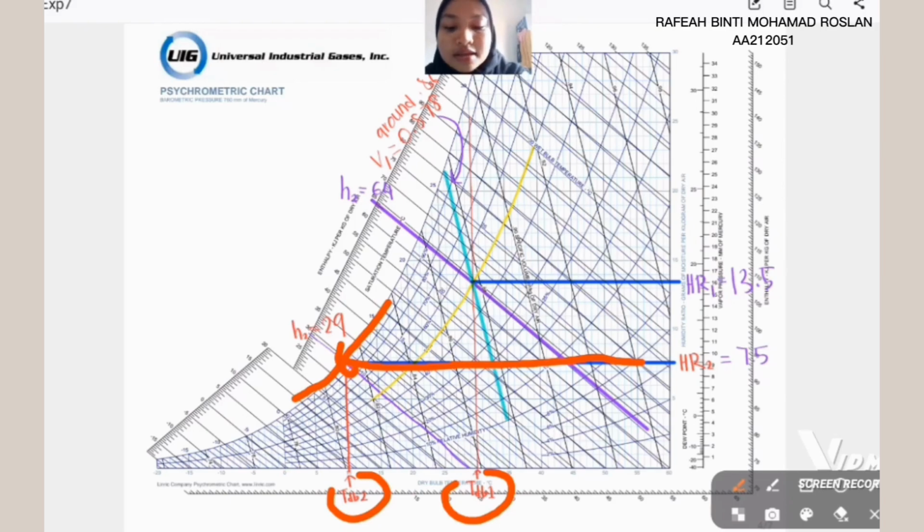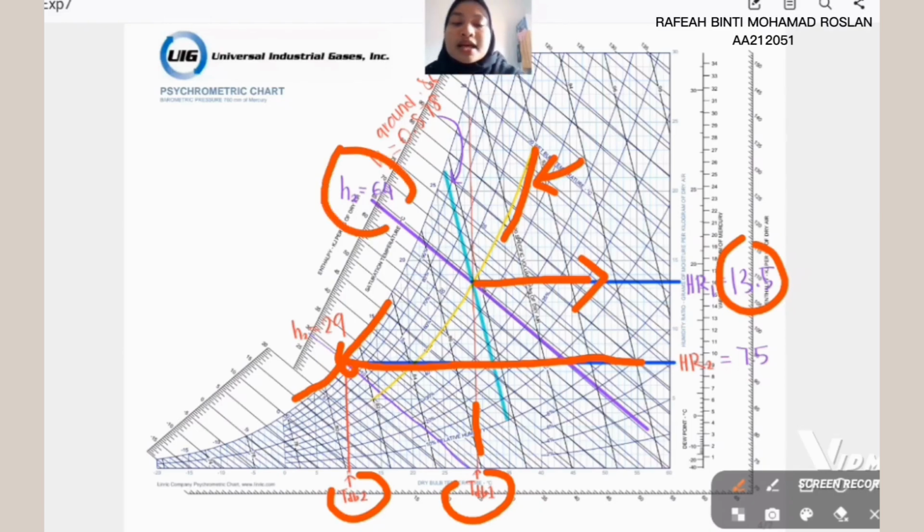We also have 50% relative humidity, so we make a line. This yellow line is humidity for 50%, and at the intersection between the straight line and the yellow line we find the humidity ratio, which is 13.5. We get its enthalpy, which is 64, and the enthalpy for 10 degrees Celsius is 29.